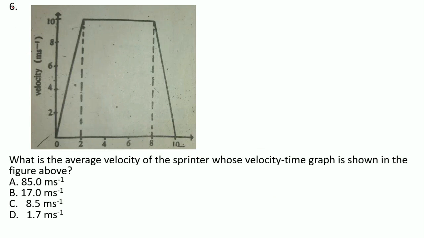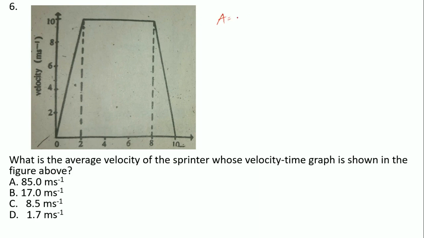Now, that same year, question number 6, we are told: what is the average velocity of this sprinter whose velocity-time graph is shown in the figure? So if we want to get the average velocity, first and foremost, you ask yourself, what is average velocity?